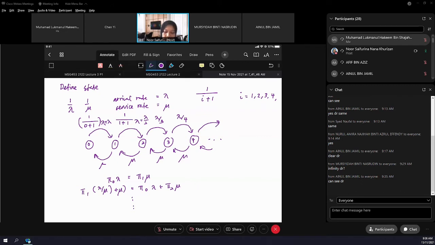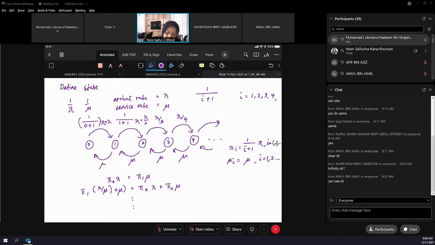But now you already know the value of your lambda i. Your mu i equals mu, but your lambda i equals 1 over i plus 1 lambda, for i equals 1 to infinity.